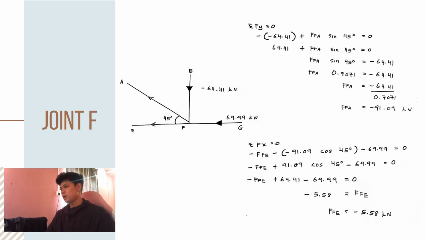I calculate that sine 45 degree is 0.7071. So FFA is negative 64.41 divided by 0.7071, and I get FFA negative 91.09 kilonewton.